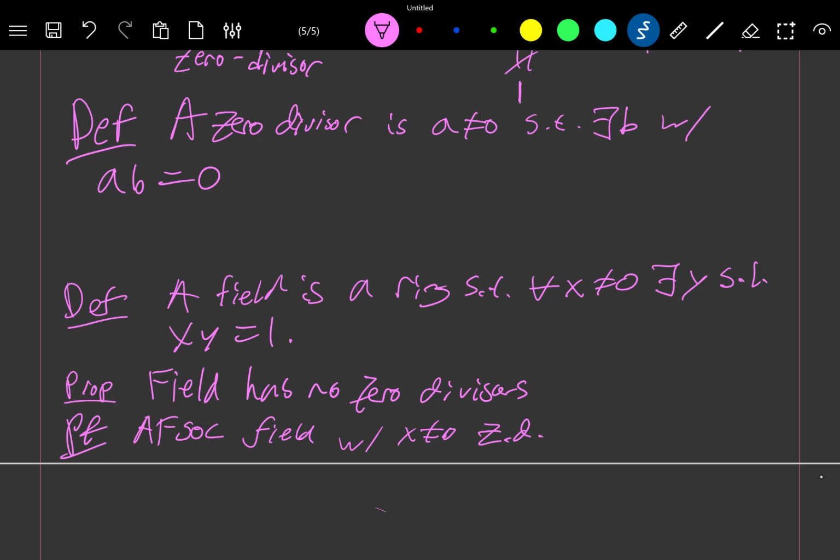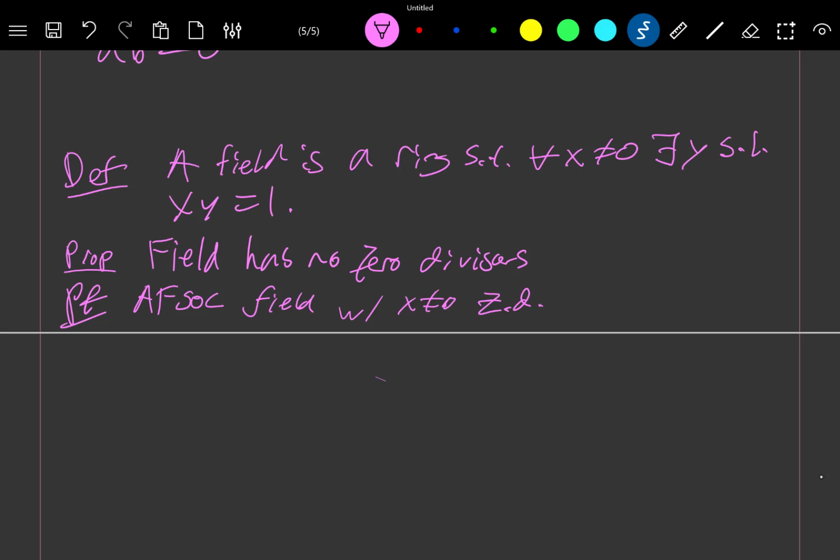So we know that we have x times y is equal to 1 and x times z is 0 for some y and z in the ring R.